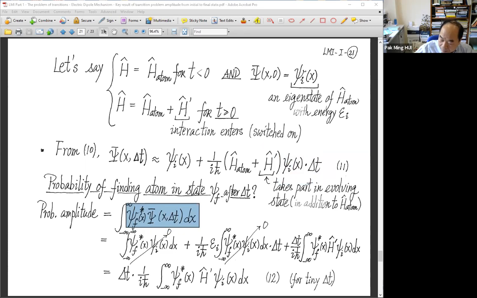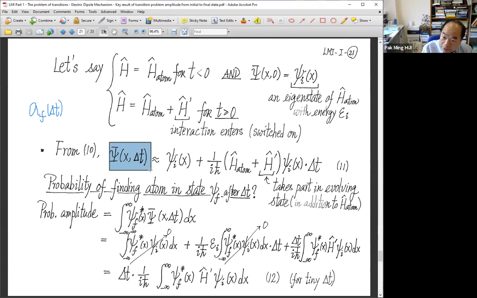For this step, I am looking for A_F(delta t), the coefficient that goes in front of phi F. If I expand this in terms of all the eigenstates, that will be A_F(delta t), the probability amplitude.